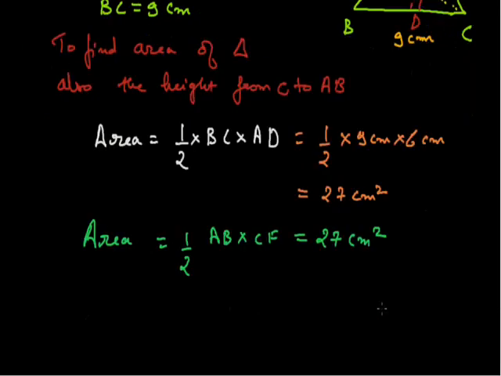Now let us put the values which we know. We know that area, 27 centimeter square, will be equal to half into AB, which is 7.5 centimeter, into the altitude CF, which will remain as it is since we don't know its value.